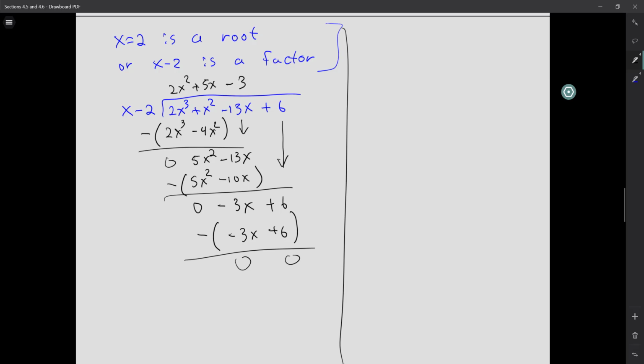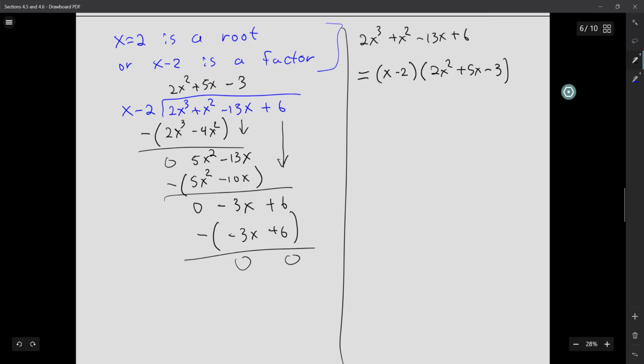I found one factor, I did long division, and now I have something smaller to work with. Because what this basically says is that 2x cubed plus x squared minus 13x plus 6 is equal to, and this is from that division algorithm we saw before, x minus 2 times 2x squared plus 5x minus 3. So we have a partially factored answer.